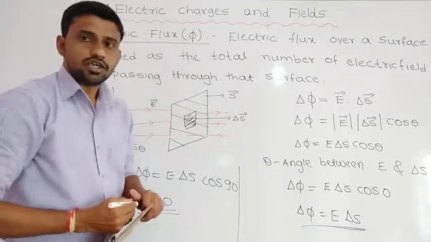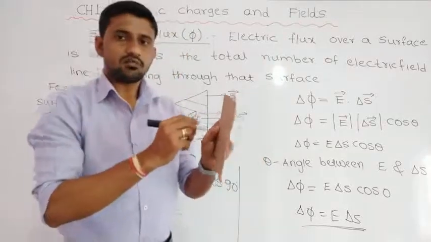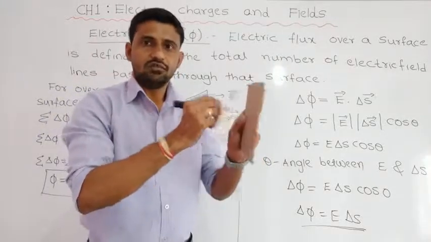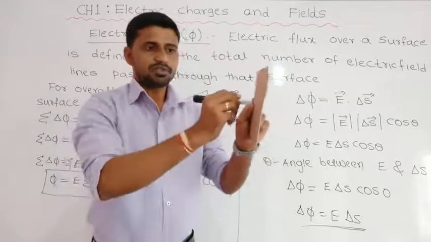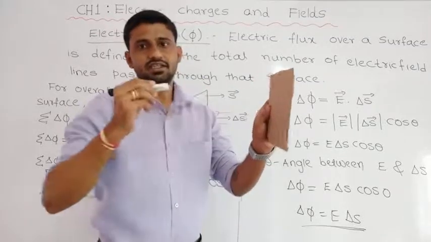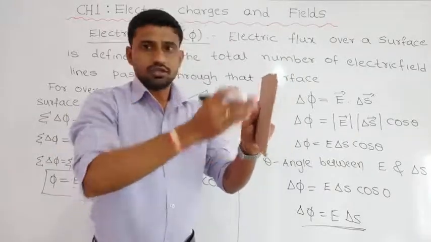So this is a way of finding the electric flux for an overall surface. And you should remember that the surface area direction is always perpendicular to the surface.